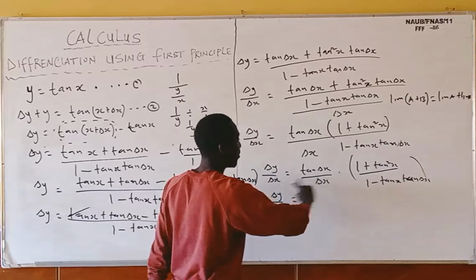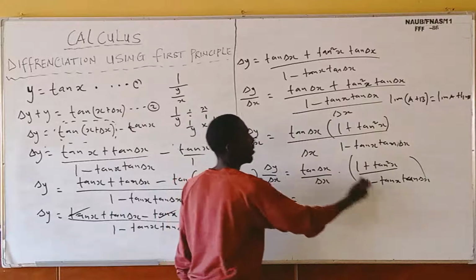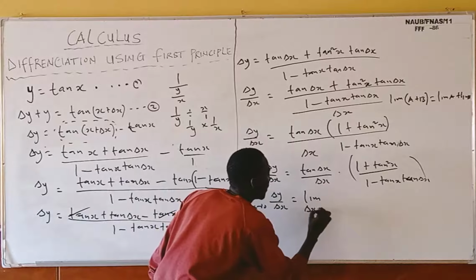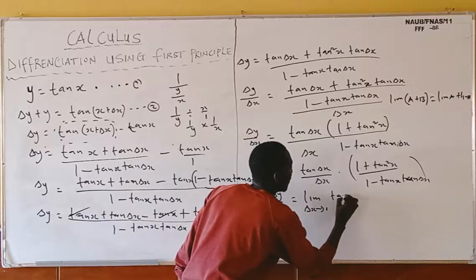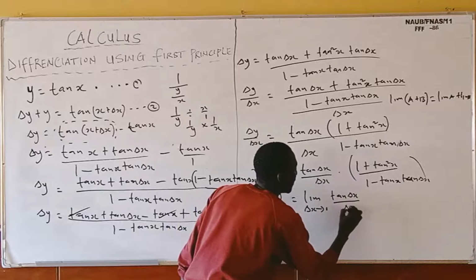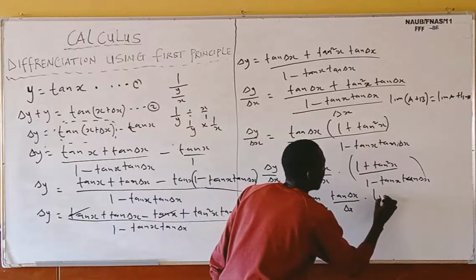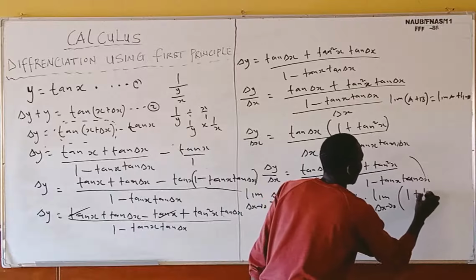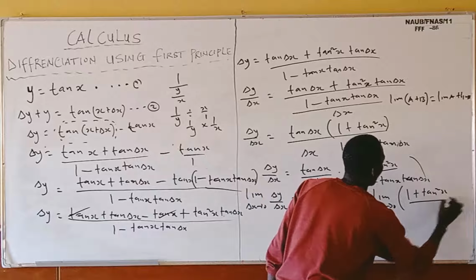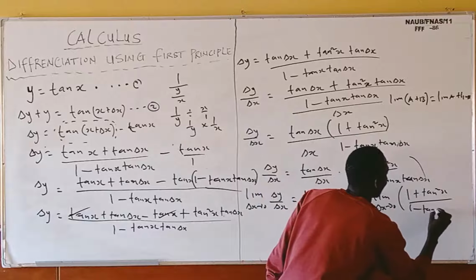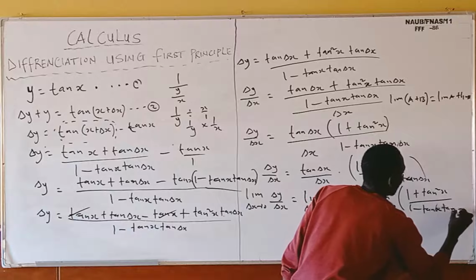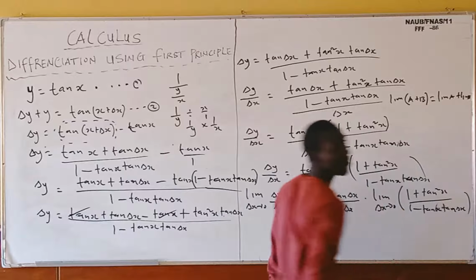So if I take the limit of this, and the limit of this, it's going to be limit as change in s approaches 0 of tan change in s all over change in s, multiplied by the limit as change in s approaches 0 of 1 plus tan square s all over 1 minus tan s tan change in s. I hope you are following.